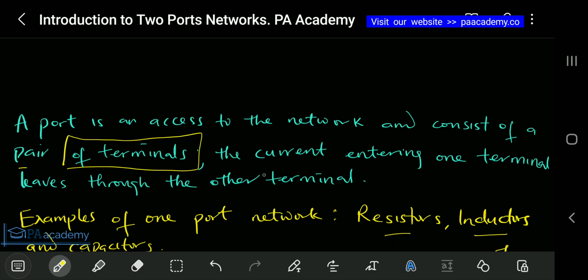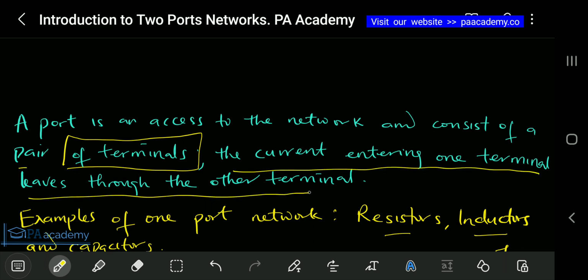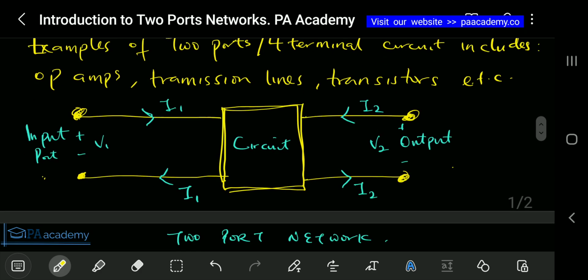The current entering one terminal leaves through the other terminal. So now let's go back to this circuit. You can see the current I1 is coming in through this terminal here and is also leaving through this terminal. If you look at I2, it is going in through this terminal and going out through this terminal. Are we good? So that's a basic explanation on one port and two ports.